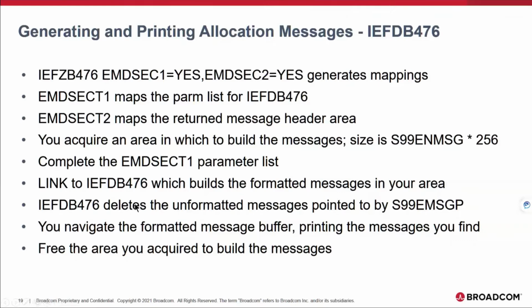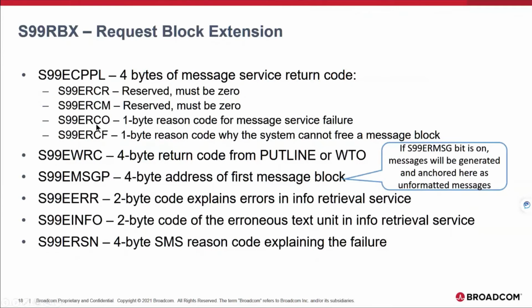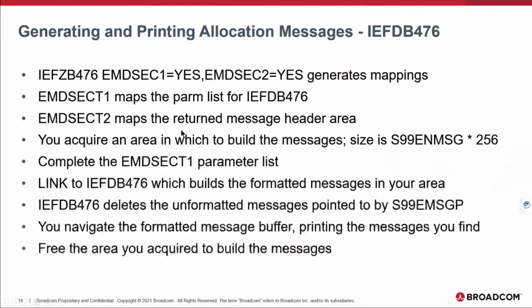And in that case, if there's a problem, we'll go back over here, it'll post this S99ERCO, the reason code for the message service failure, and then a 1-byte reason code of why it could not free the message block. And this typically is not a problem. I've never seen this fail. So then, after you've called this service, you just navigate through the formatted messages using that Dsect2, and once you have printed all your messages, then you free that GETMAIN area. That's kind of the overview of how you do it.